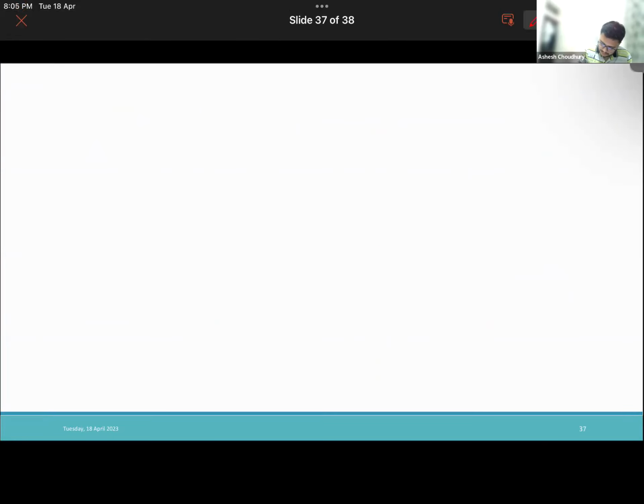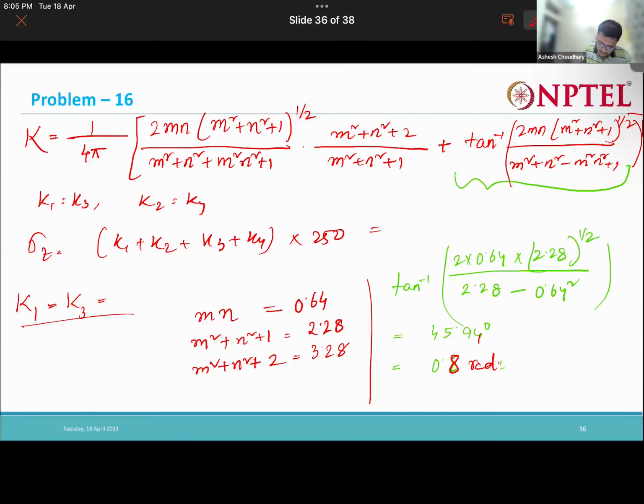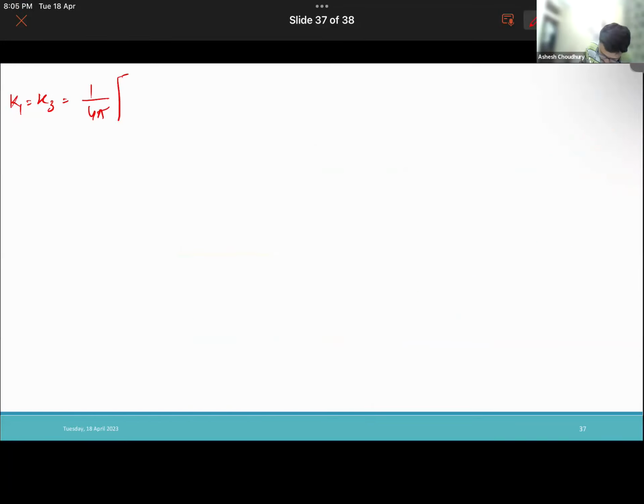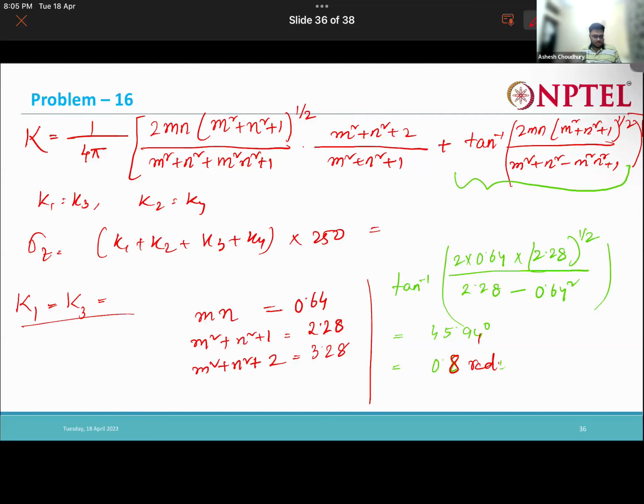Now K1 equal to K3 equal to: let us put 1 by 4 pi, twice mn, so 2 into 0.64 into root over 2.28, divided by 2.28 plus 0.64 square, into 3.28 divided by 2.28.